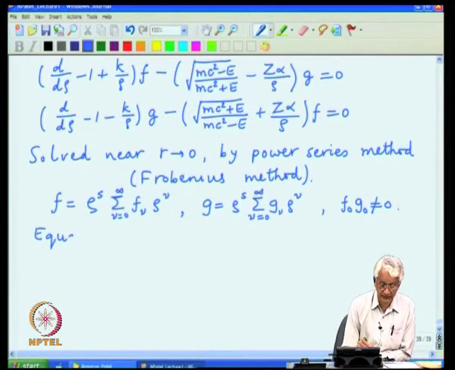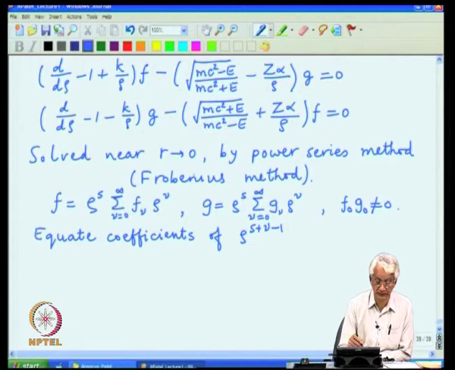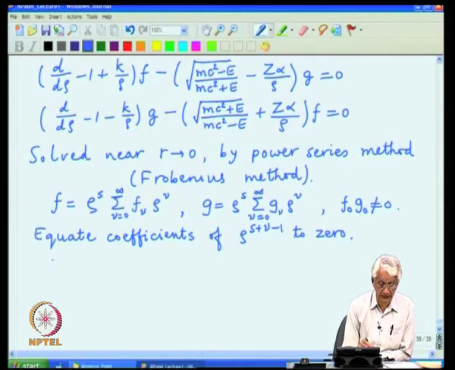So, equate the coefficient of rho raised to s plus nu minus 1, which is the lowest coefficient appearing inside this operator, and that gives rise to the two coupled equations now in terms of the coefficients.